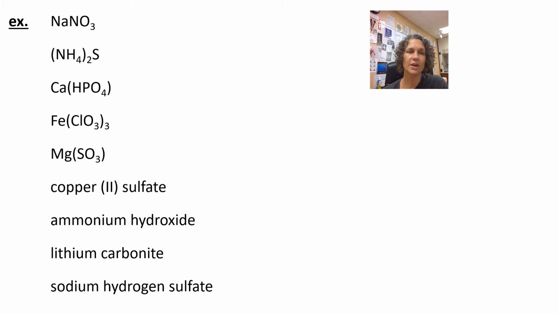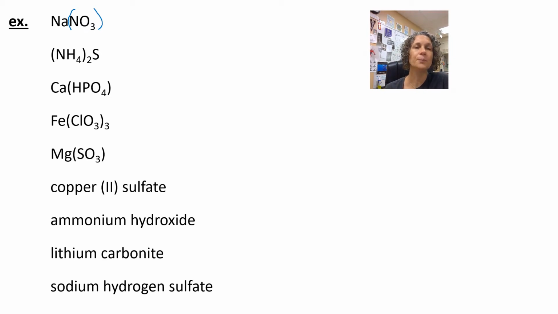And so, for example, that first one, NaNO3. One thing you need to train your mind to do, if there are no parentheses around the polyatomic, is to recognize it. I always tell my students, if you want to go ahead and put parentheses around the polyatomic so that you see it, it doesn't change anything. You still have the right thing, and that might make it a little bit easier for you to name it.